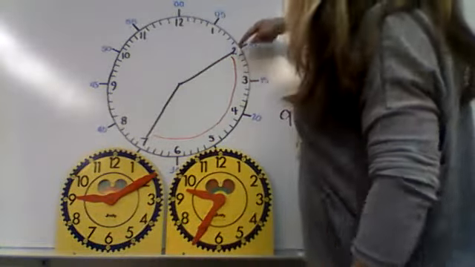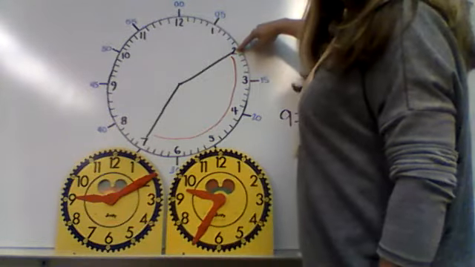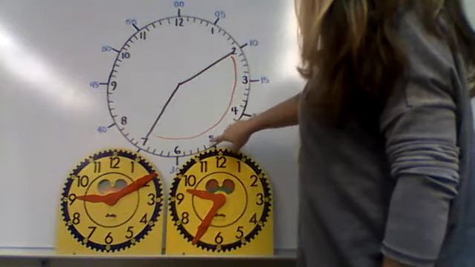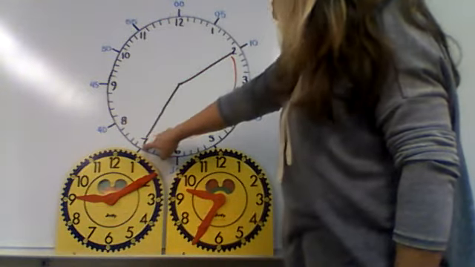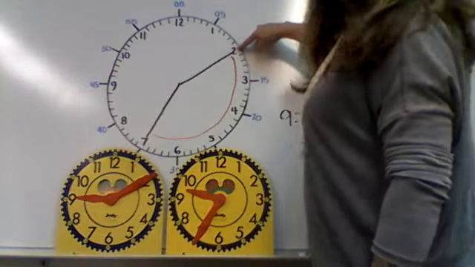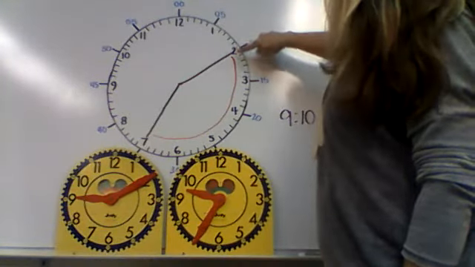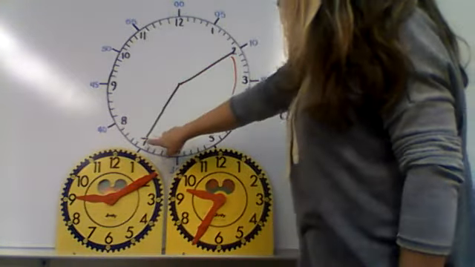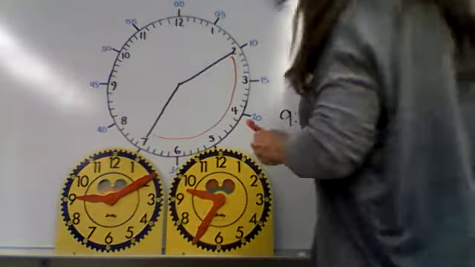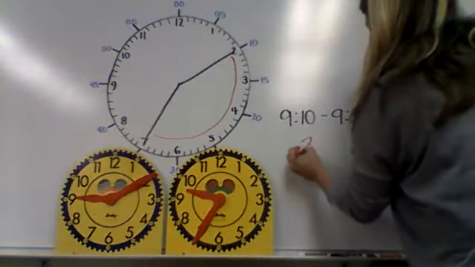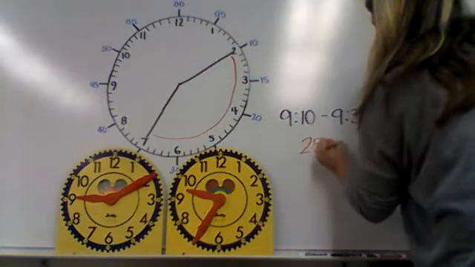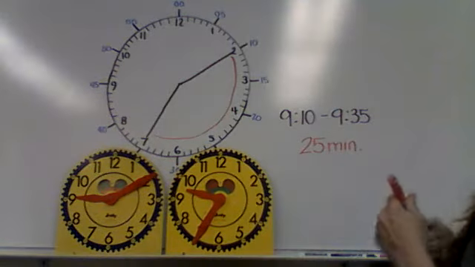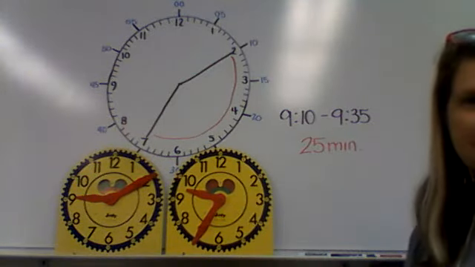So we start at where the minute hand started at the 2, and we're going to count by 5s on each number until we get to the 7. That's where we'll stop. So we start at the 2, and we count 5, 10, 15, 20, 25. So 25 minutes has passed. The TV program lasted 25 minutes.